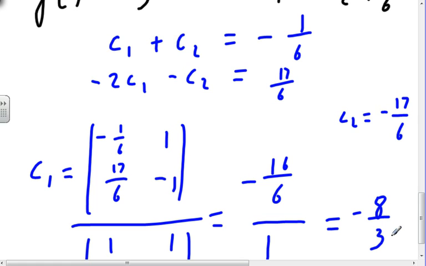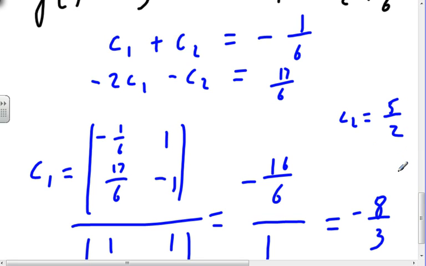Okay, so if it's minus 8 thirds, okay, so I got minus 8 thirds, so C2 would have to be minus 1/6 plus 8 thirds, which would be positive 5 halves.